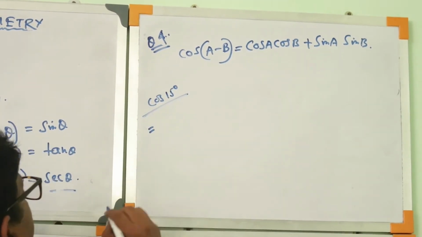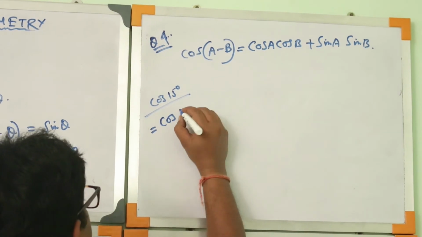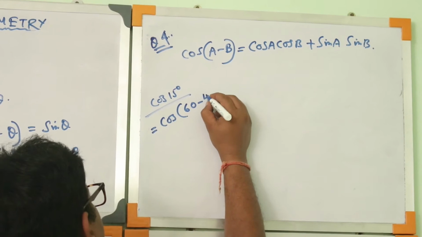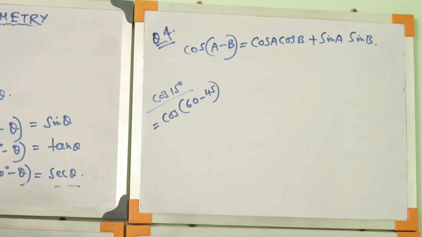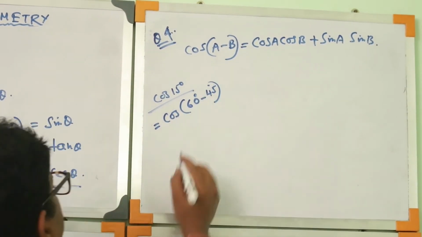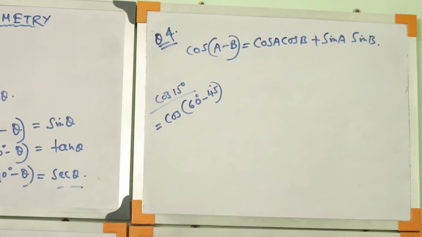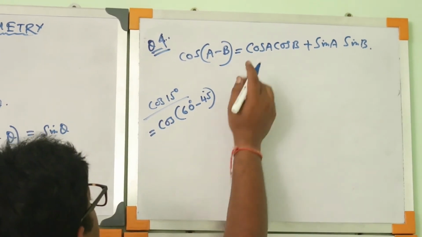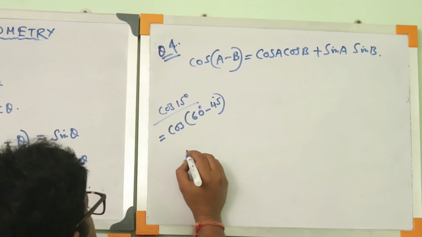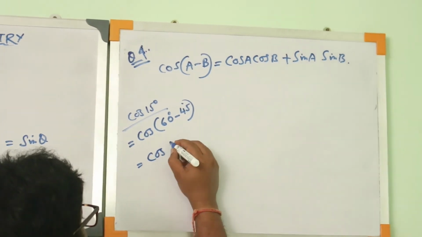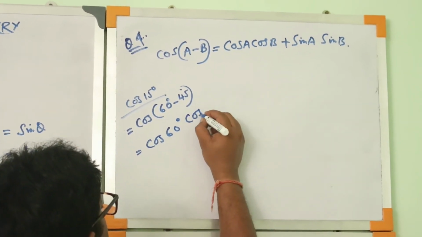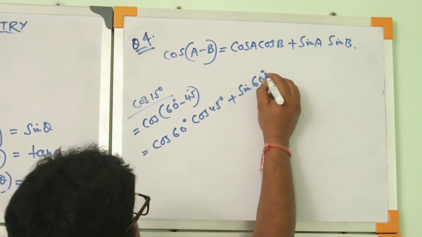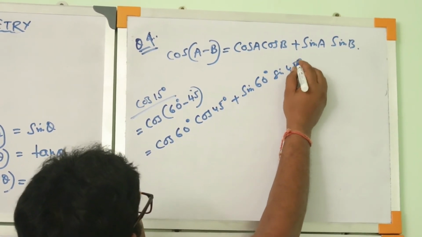So cos 15 you can write cos 60 minus 45, or you can also write cos 45 minus 30. This is also right. Cos 60 minus 45 by putting the formula cos A cos B plus sin A sin B means cos 60 cos 45 plus sin 60 sin 45.